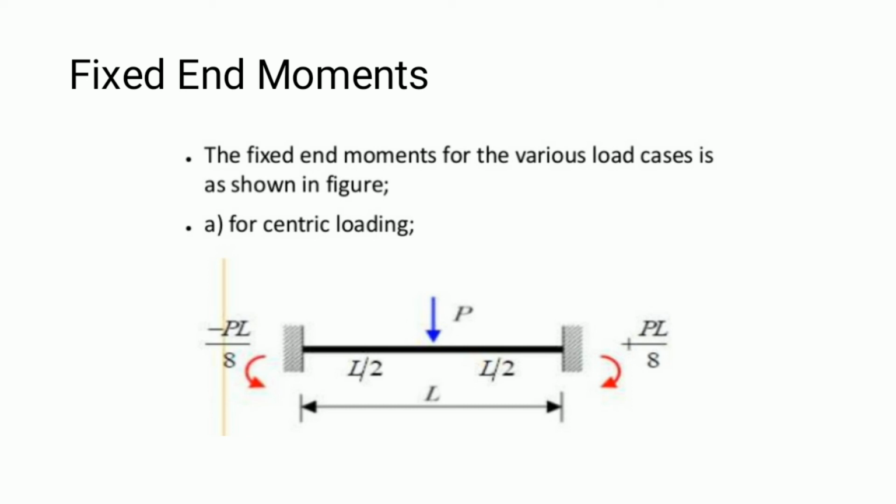Both ends are fixed and the span of the beam is L. In this case the fixed end moment is equal to WL by 8 or PL by 8, where P is the magnitude of the load and L is the length.